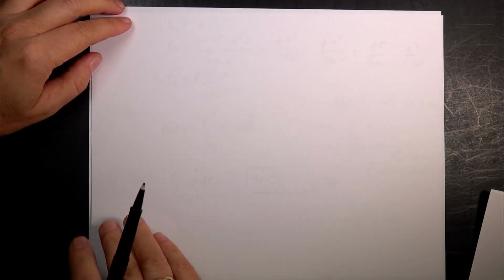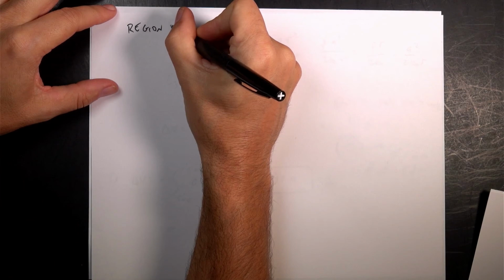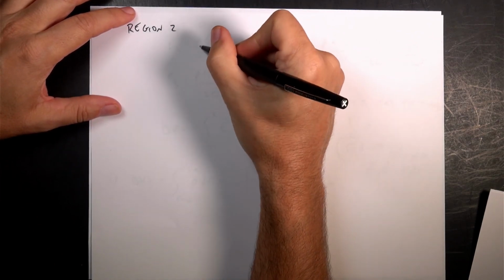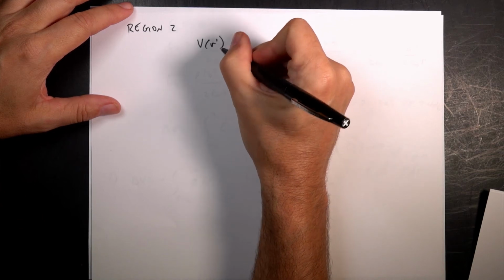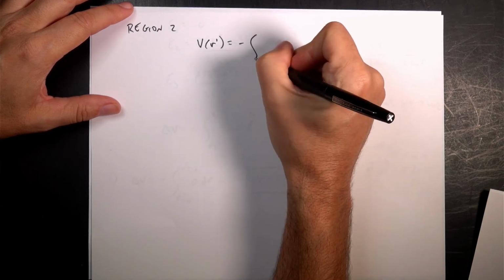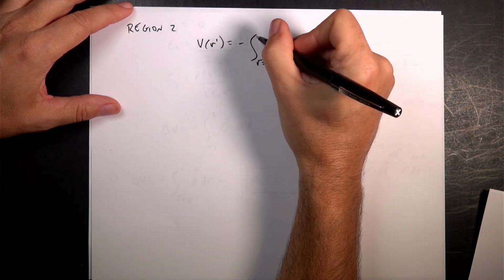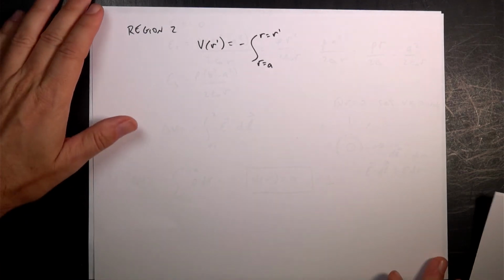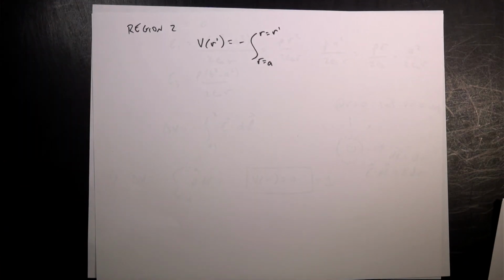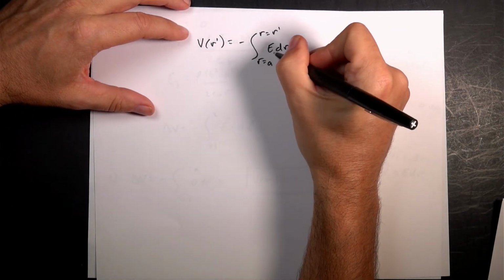Okay, so now we're in region 2. And so I want to find V. I'm going to write this as V as a function of r prime. It's going to be equal to negative the integral from r equals a to r equals r prime. Right? I'm going to integrate up to some point, and now find the potential at that point. So I can get potential as a function of r, of E dr. And this is actually E2.